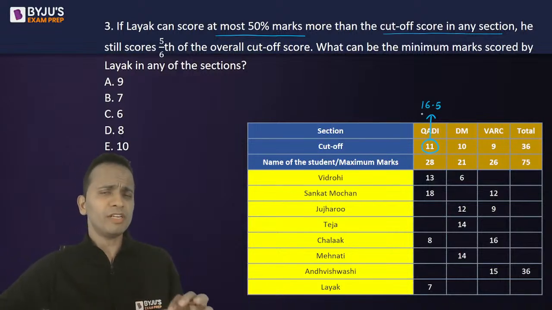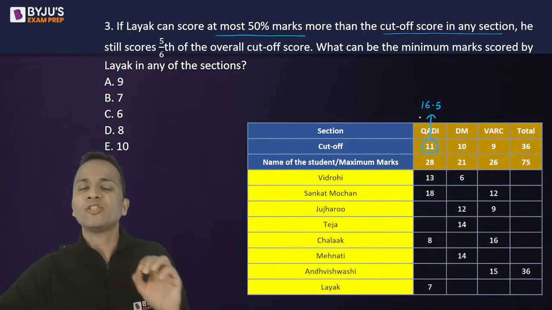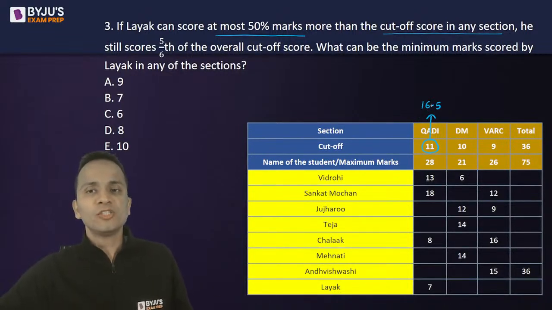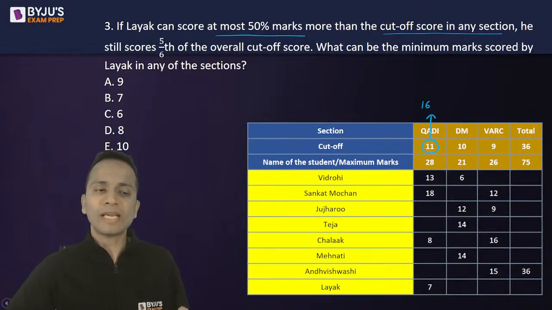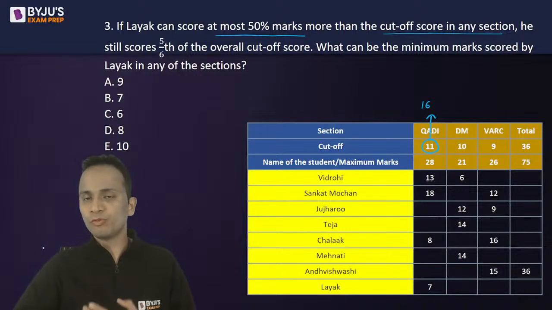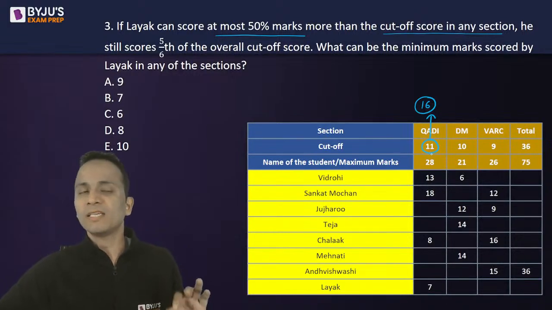But it was given in the directions that the scores should be natural numbers. So he can have a maximum score of 16. It cannot be more than 16.5, and it cannot be 17. So if I round it off to the lowest integer, it will be 16. So the maximum that he can score in QADI is 16.